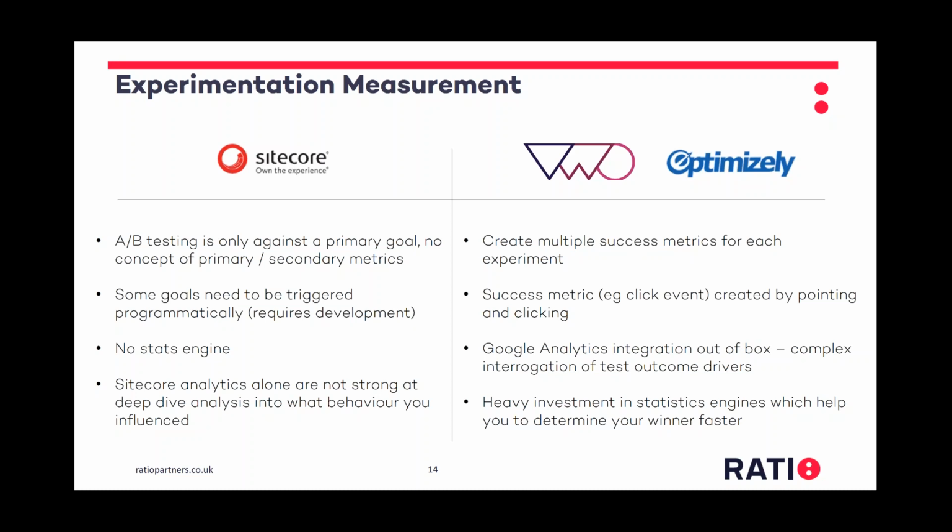So where in Sitecore, for argument's sake, you might need 1,000 visitors to go to the control page and 1,000 visitors to go to the variation in order to work out which one's actually won, it might only be 750 visitors to each in the case of VWO and Optimizely.